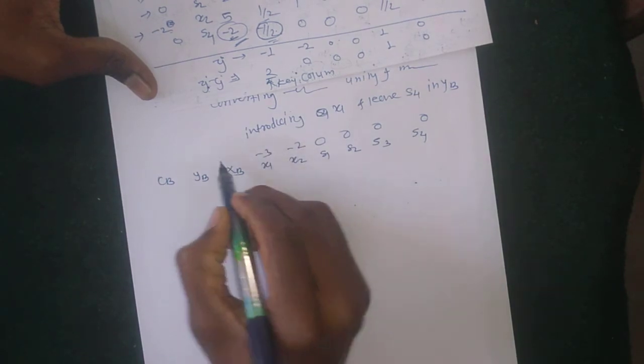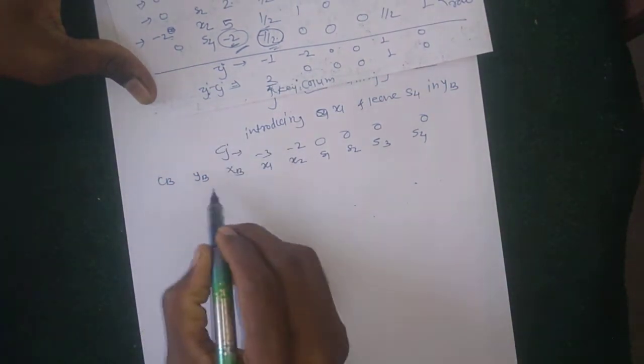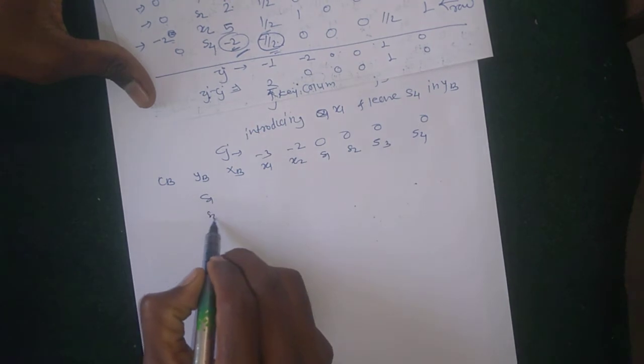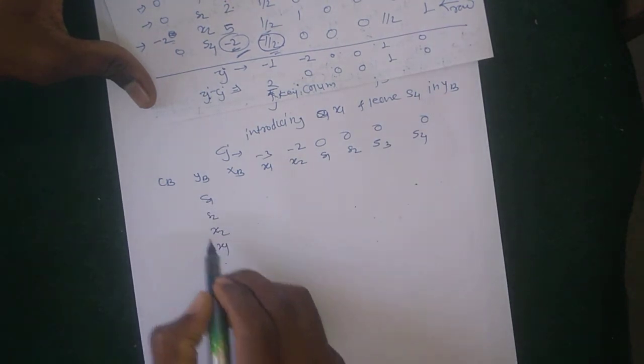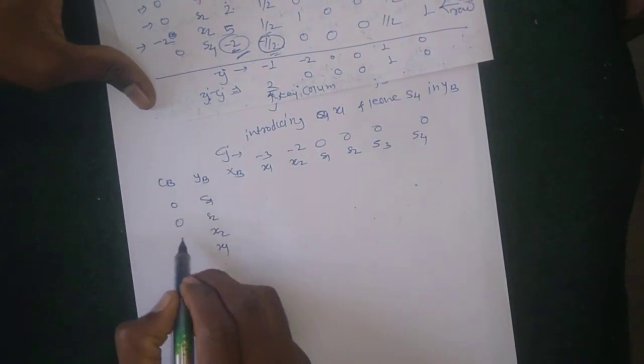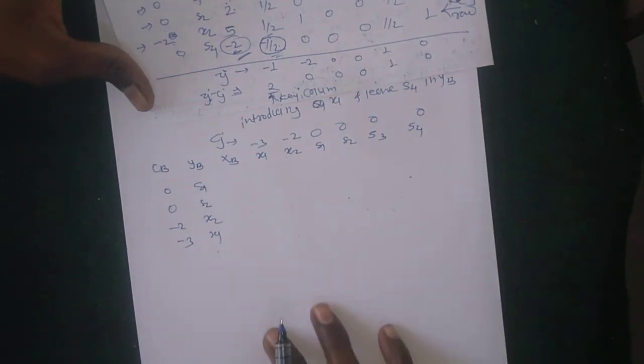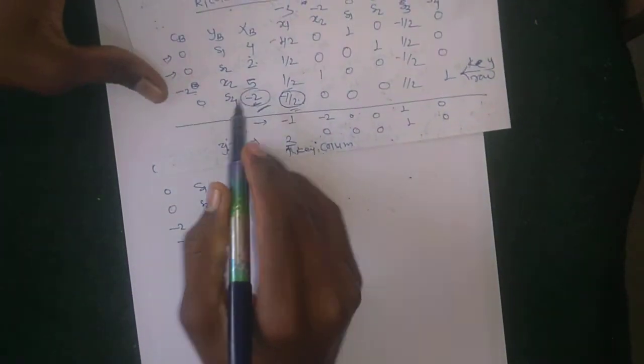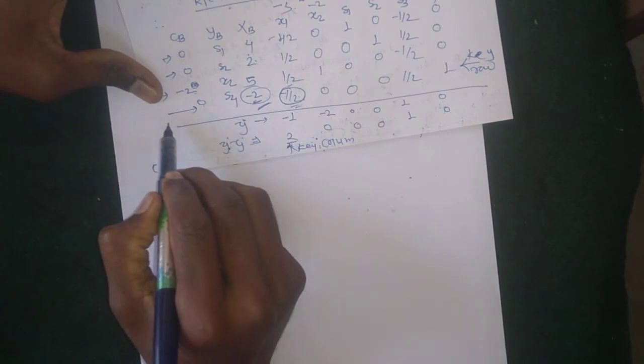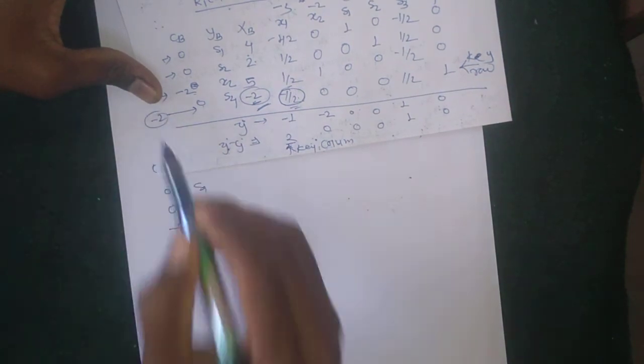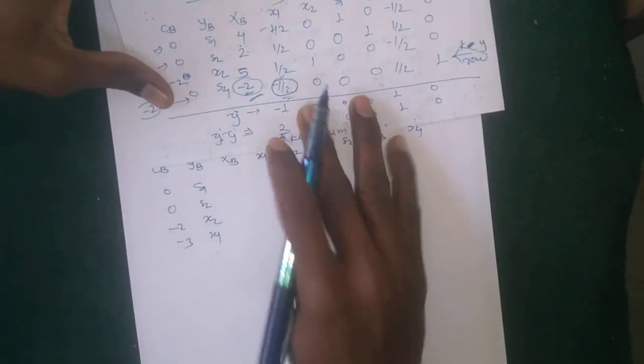Then minus 2, minus 3. This is CJ. Okay, so here s1, s2, x2, and x1, 0, 0, minus 2, minus 3. So here for this row the operation is minus 2 multiplied by minus 2.